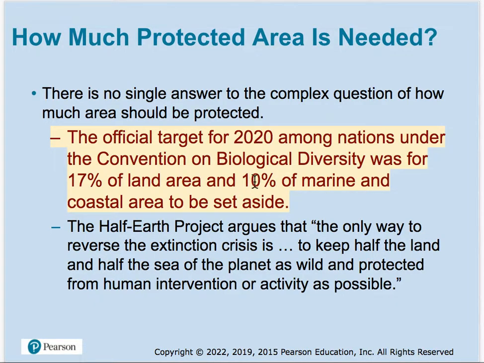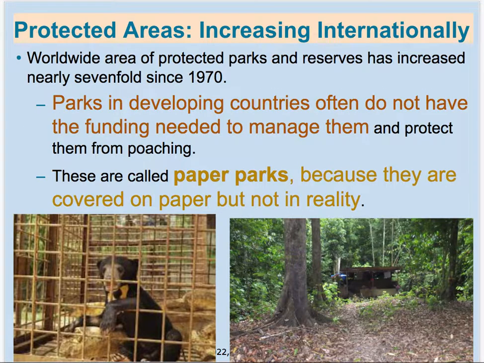So the official target was, by 2020, to have about 17% of our land and 10% of our marine areas protected. In some areas of the world, especially third world countries, they have a lot of national parks on paper, but it's hard because it takes a lot of money and people and resources to protect those spaces.